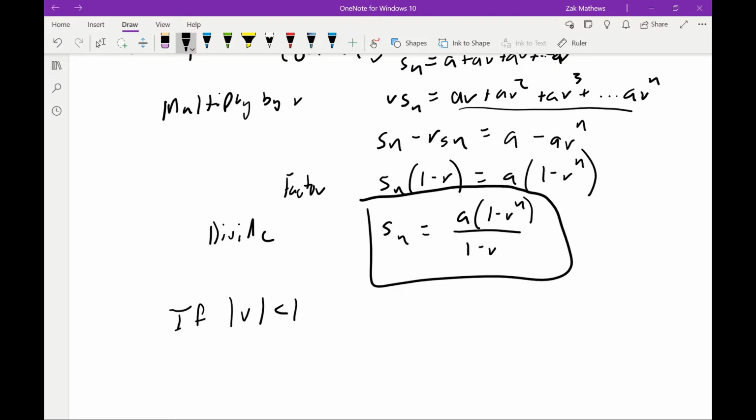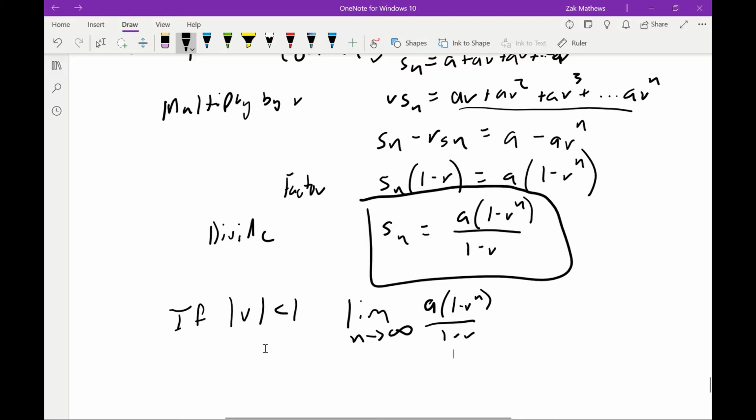Then we want to know what happens to the series, and the series is infinite. So we're looking at the limit as n goes to infinity of a times 1 minus r to the n over 1 minus r, because this is the partial sum for the nth one, and we want to know what happens as that n goes to infinity as the series continues to increase.